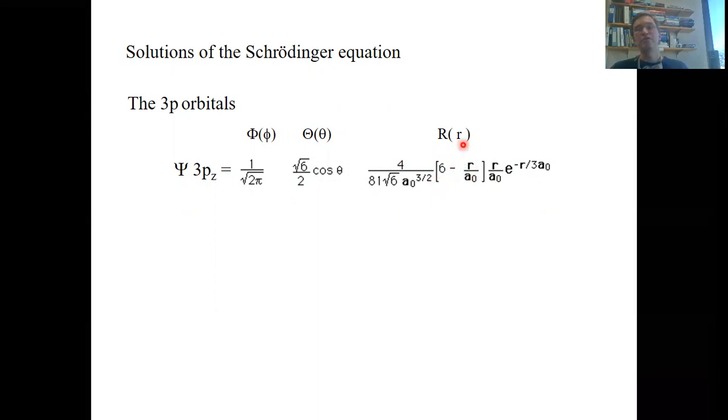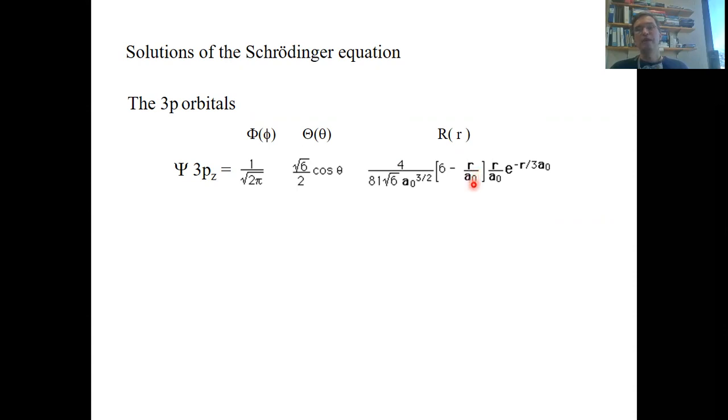So this term now defines a spherical node. In comparison to the 2p orbitals, which didn't have a spherical node, the 3p orbital actually does have a spherical node. We can also very easily calculate at which position the node is.